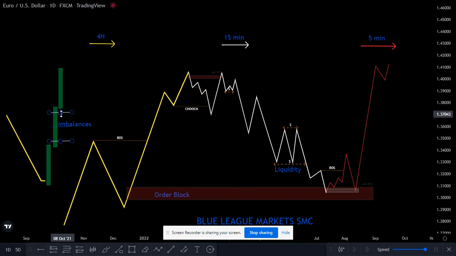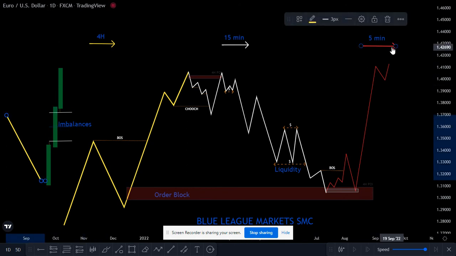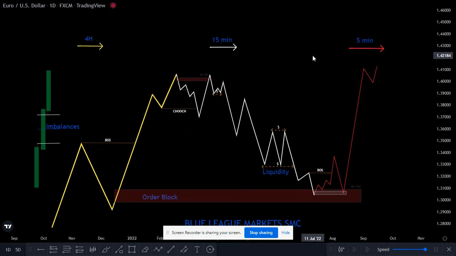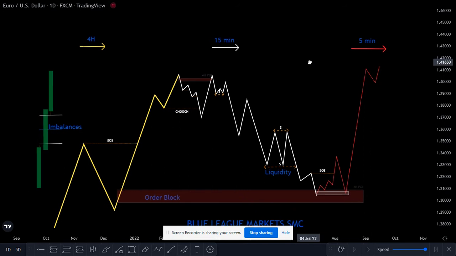Now as you can see, the wick between the first candle and the third candle didn't touch. This leaves imbalances in the market, and regardless of where the market goes, the market has to come back and fill this imbalance. Now, imbalances go a long way, but we'll explain that in another video, or you can take part in our mentorship. We teach all of this: imbalances, liquidity, and all that.